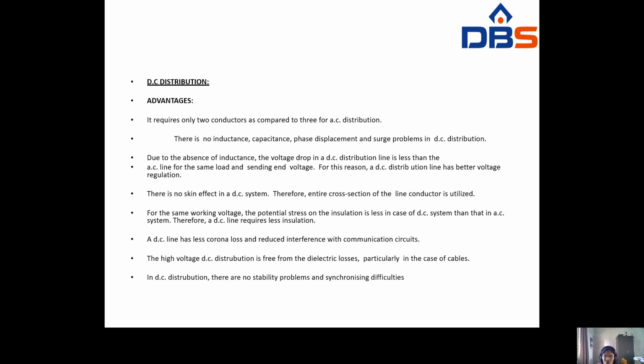For this reason the DC distribution line has better voltage regulation.